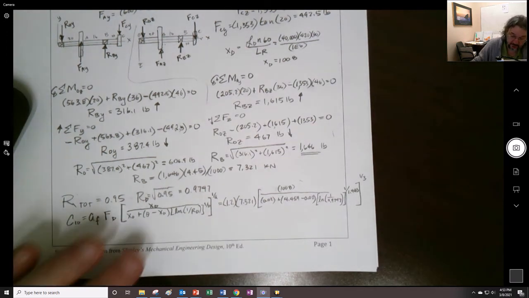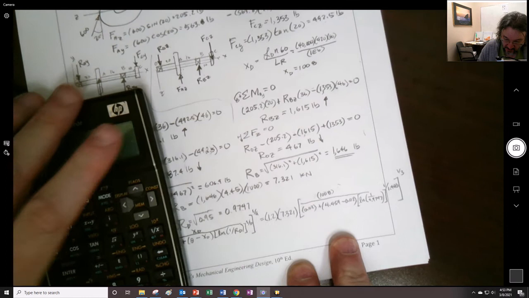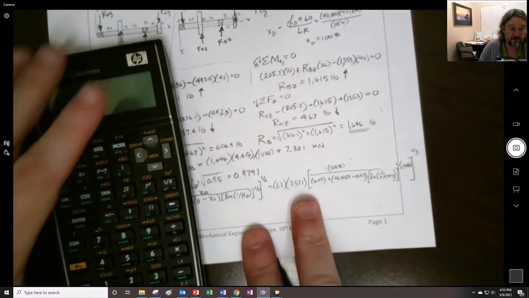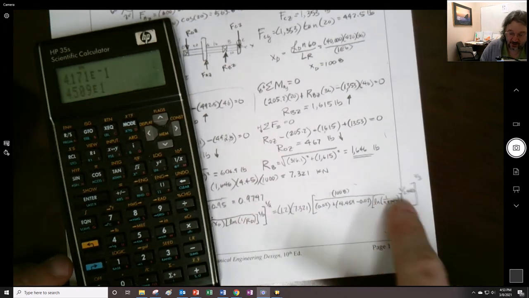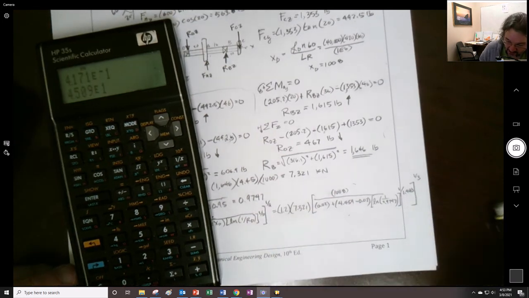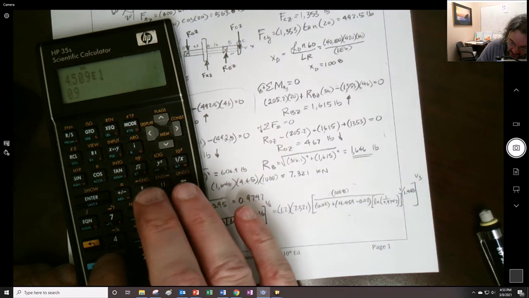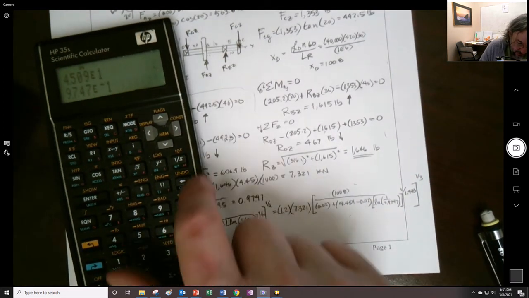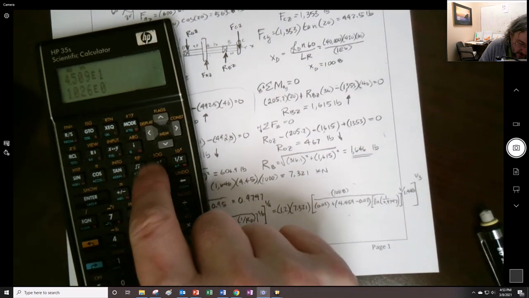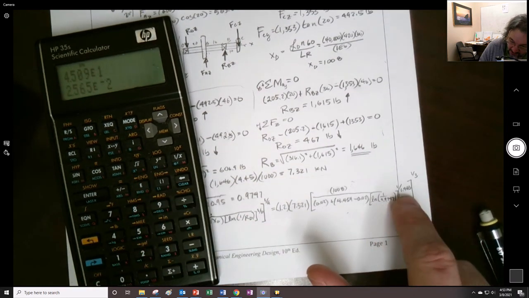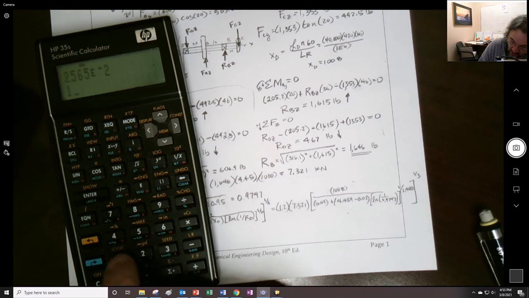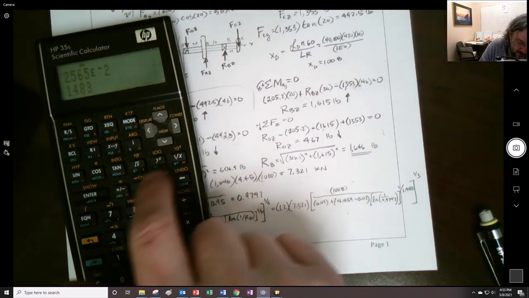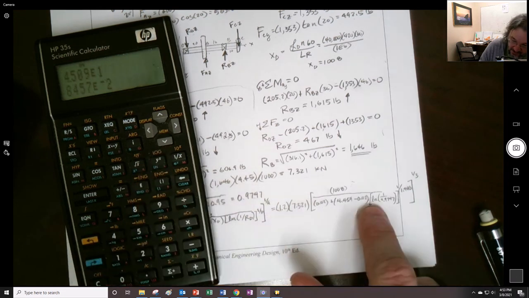1.483. Okay, so I think I'm going to work backwards in this. I use a Hewlett-Packard calculator here, so reverse Polish notation, you start to learn to start at a different spot. So I'll take 0.95, take the square root of that, so now I have the actual number. I take the inverse, then the natural log, then the 1.483, take the inverse of it, and raise it to the power.